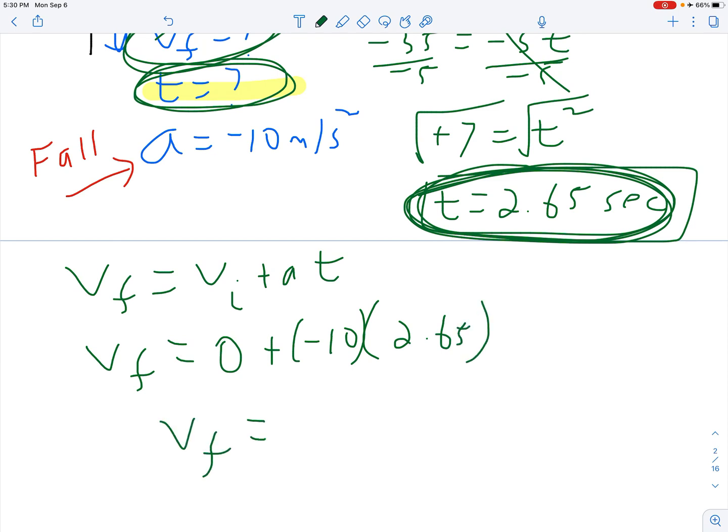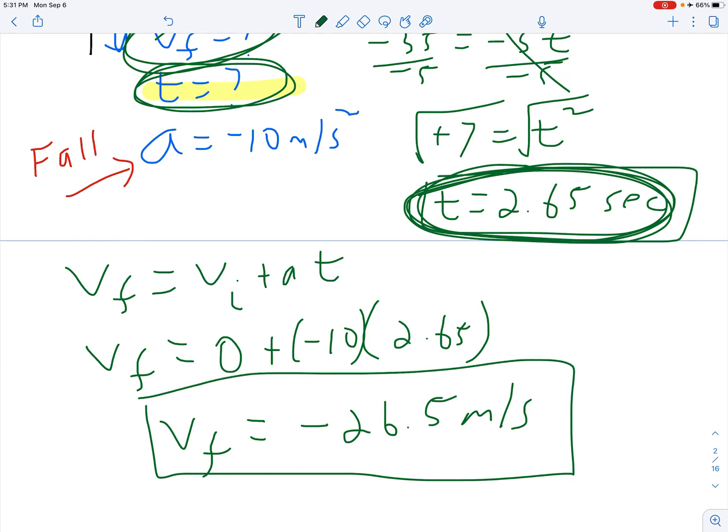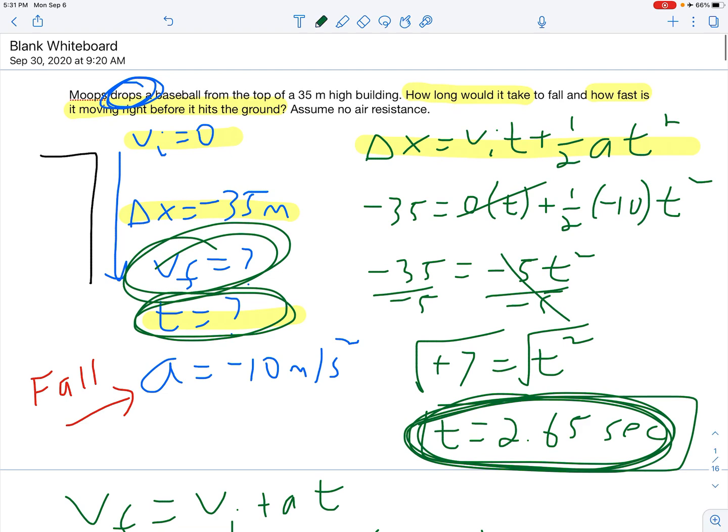So VF would equal negative 26.5 meters per second. So those are my two answers. It makes sense that it's negative because the ball is going down.